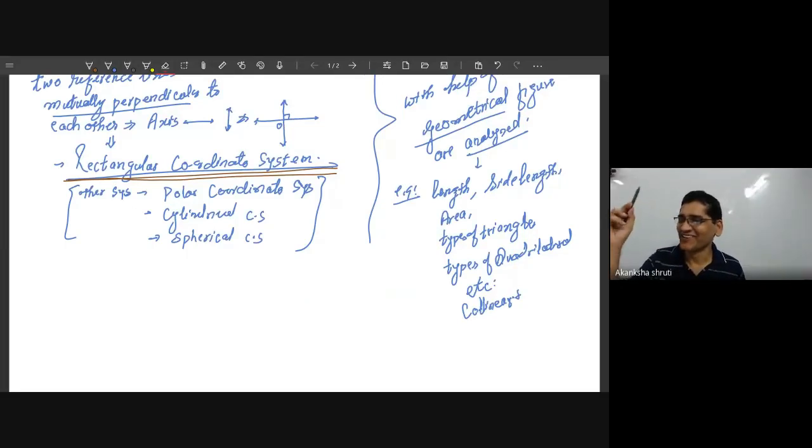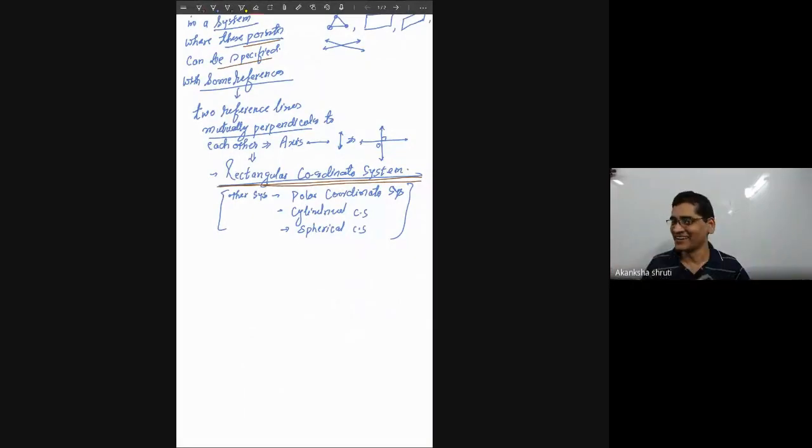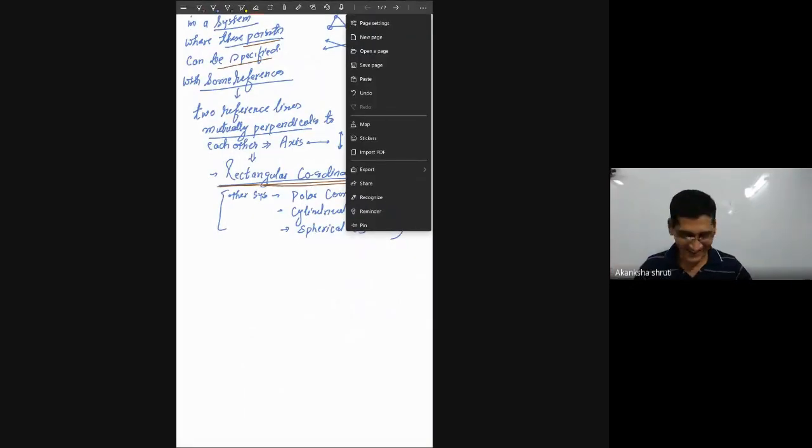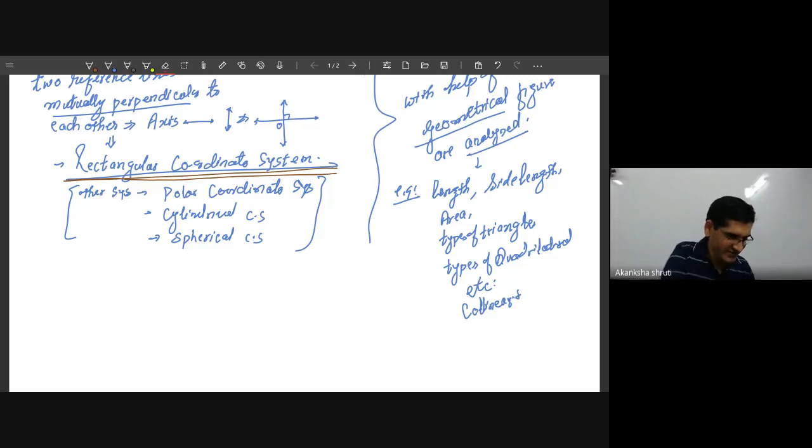Today this pen and this system are creating a lot of problems. Okay. Let me just correct it, even it has been disturbed. Today this system is not working properly. Even the same problem was also existing in class 9th. I could not debug it.